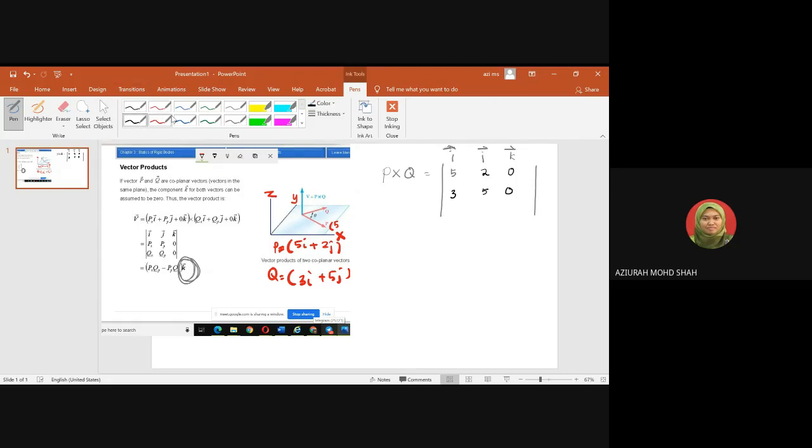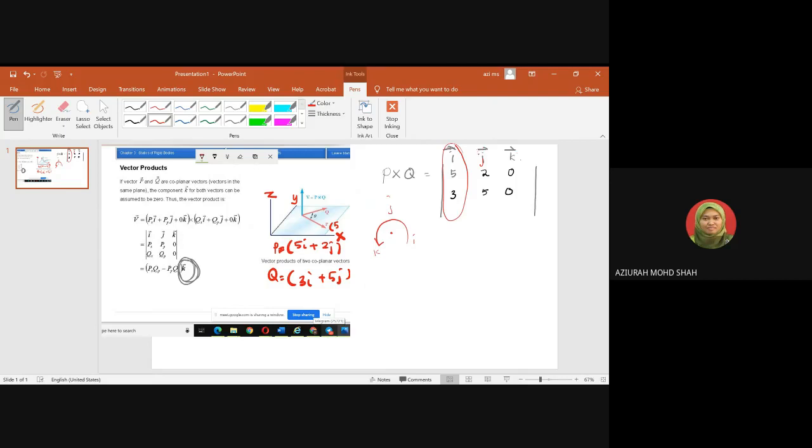So first thing first, saya nak kamu tengok ni dulu. Untuk I. Ingat tadi balik, kita ada I, J, K. Kalau nak dapatkan positif I, so you tengok ni J, kita kena ambil yang sebelah sini dulu, this part cross this part lah. Kita tengok yang bahagian ni dulu, baru tengok yang ni.